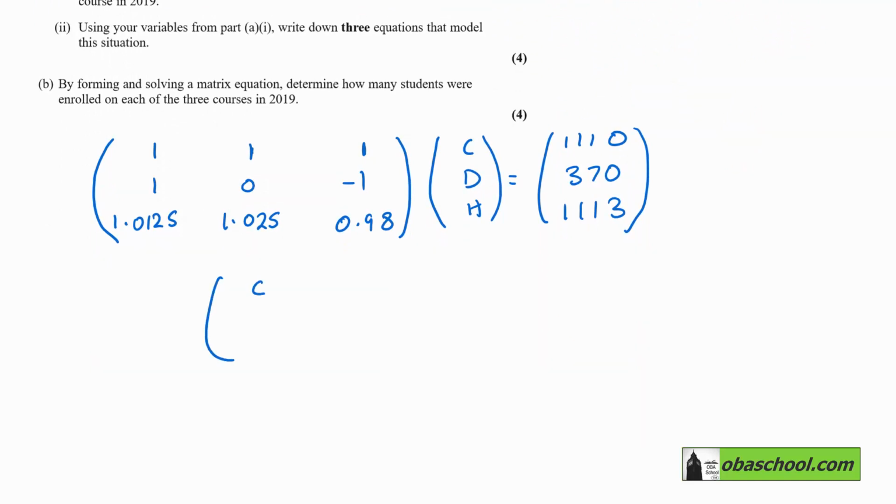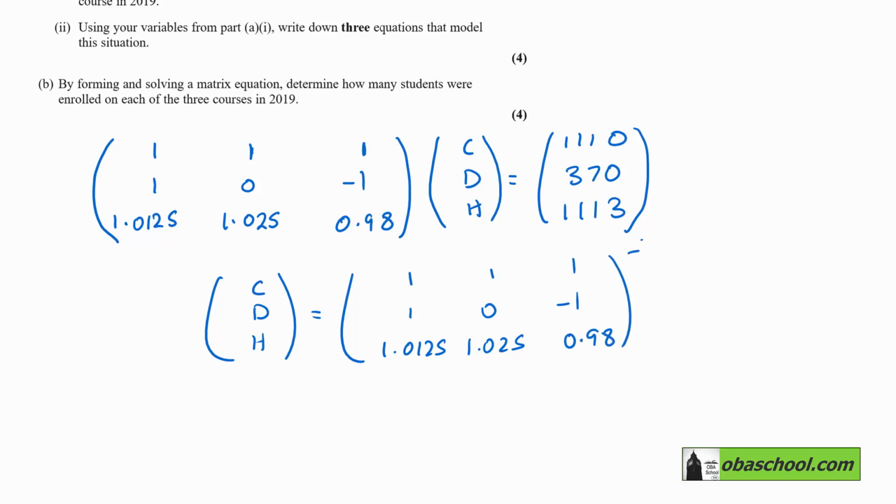We're going to get that CDH is equal to, so we've got the 1, 1, 1, 1, 0, negative 1, 1.0125, 1.025, 0.98. We want the inverse of that matrix, which we can do on the calculator, and multiply it by the 1110, 370 and 1113.